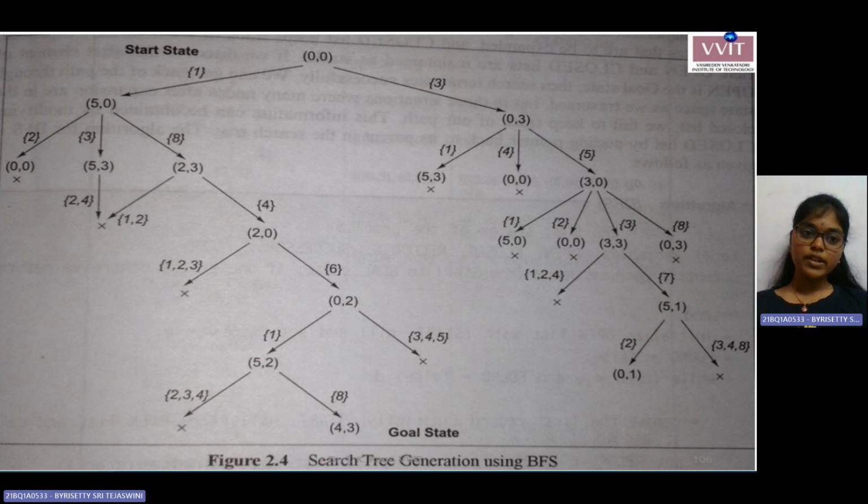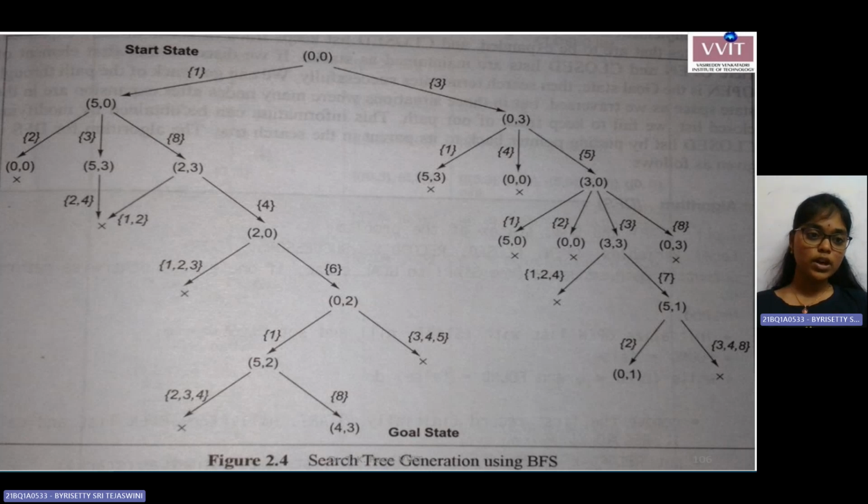0 0 is the initial state. If we take 5 3, the next states will be 0 3 or 5 0. 0 3 and 5 0 are already existing states, so we don't take those. Next, 2 3.